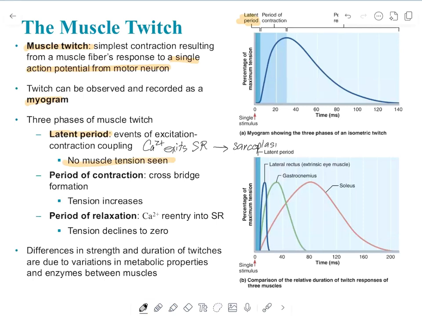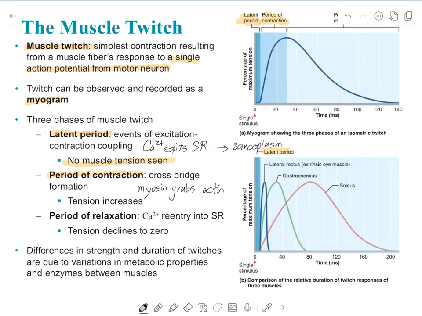So hopefully these periods make sense because you now know excitation contraction coupling. The next period is called the period of contraction, and you can probably already figure out what's occurring here. This is when there are cross bridges formed between the myosin and the actin.